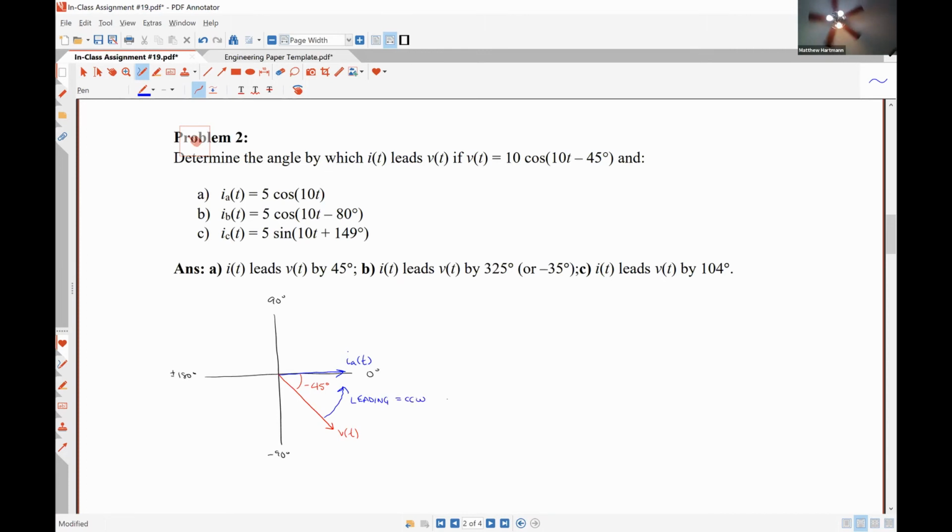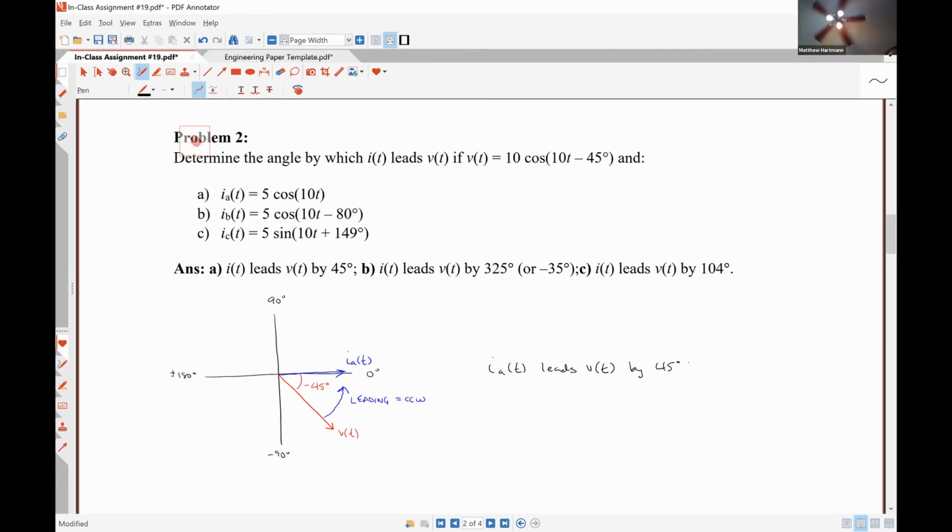And so we can see that I_A of t leads V of t by that angle. We start measuring from V of t, and 45 degrees later we hit I_A of t. So I_A leads V of t by 45 degrees. It's that simple.